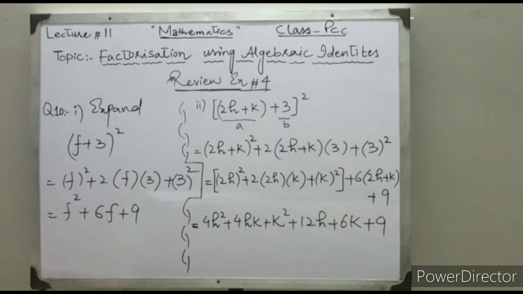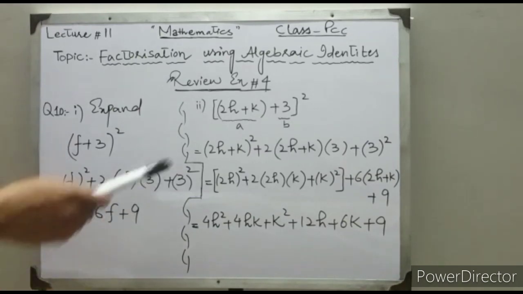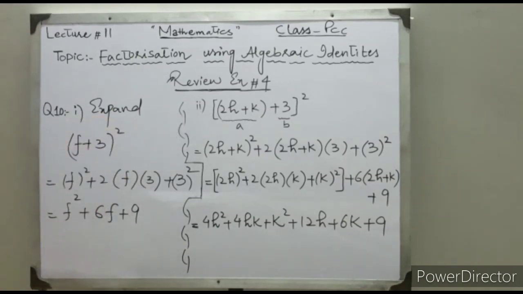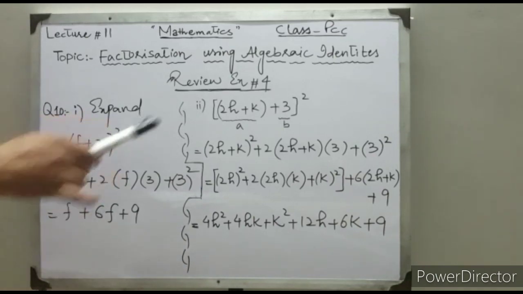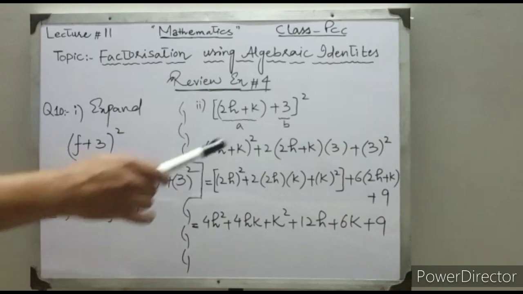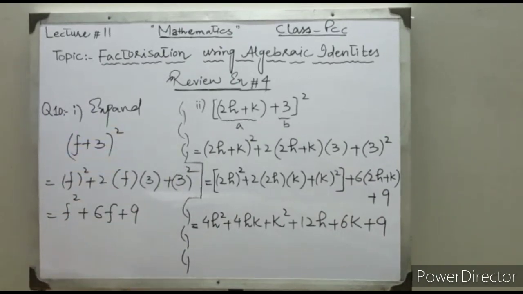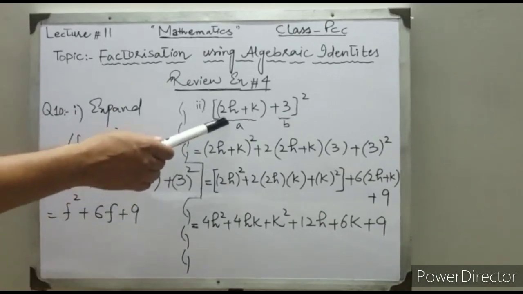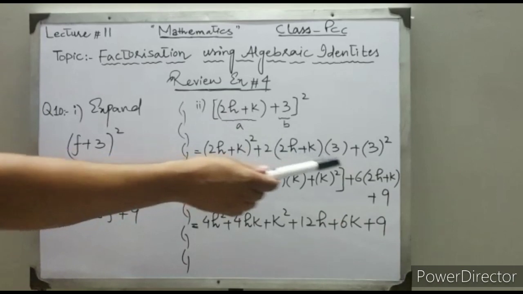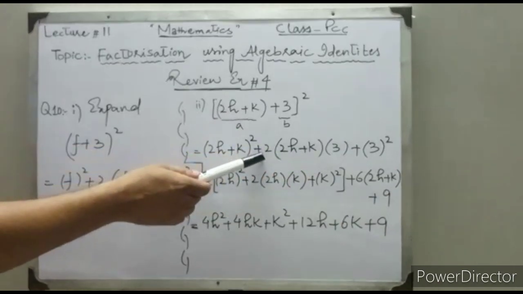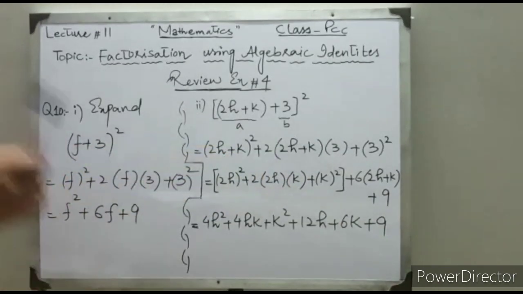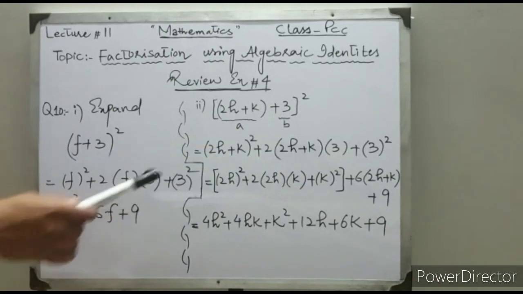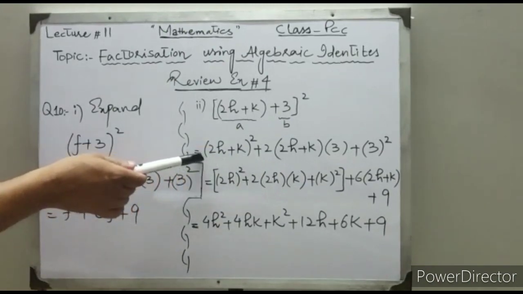In the second part, students, you may see we have 2h plus k in one bracket plus 3 and then whole square. Consider 2h plus k as a, 3 as b. Now apply the same identity, I mean identity number 1, which is a plus b whole square. Just write a square plus b square, in the center 2ab. Once again we apply the identity on this factor.